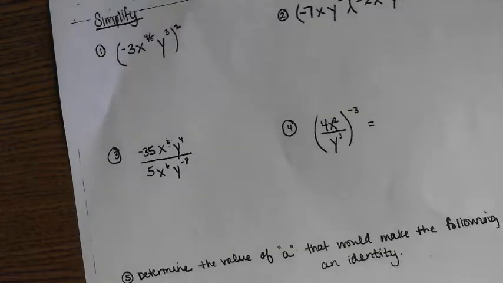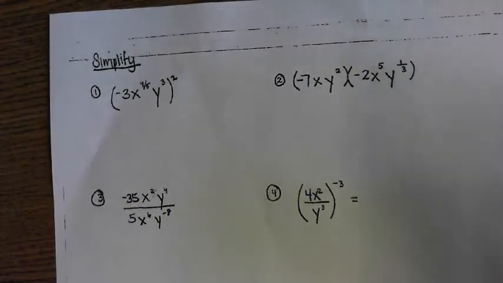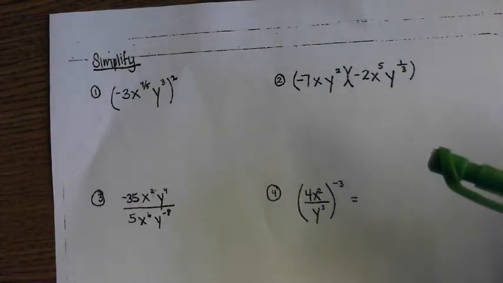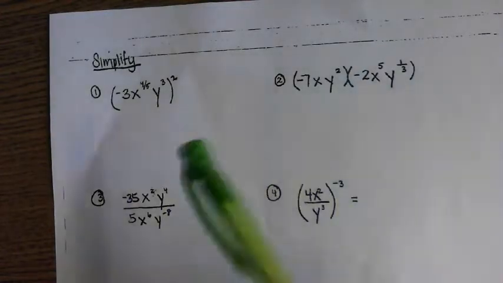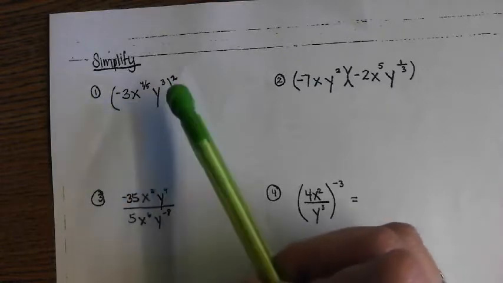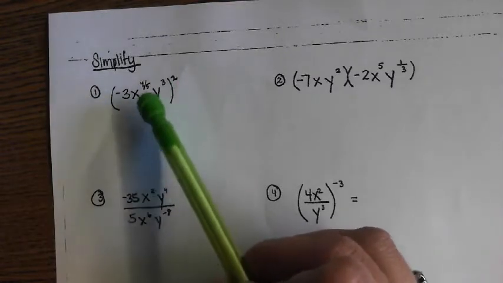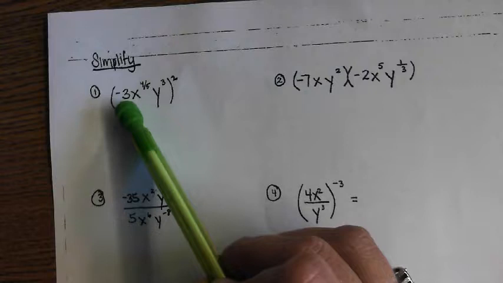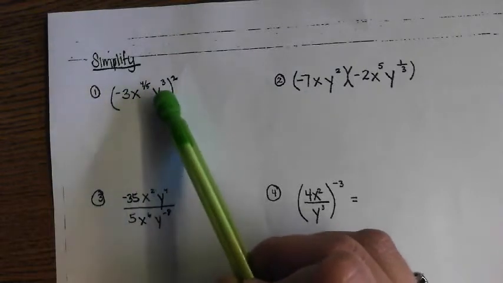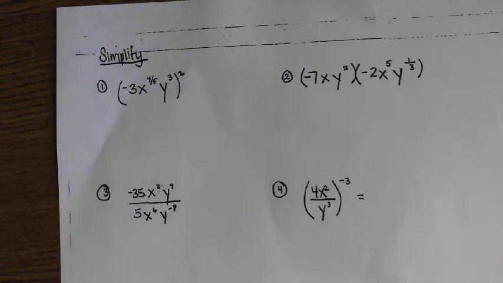This is just practice, often with multiple properties going on. So we've got obviously the parentheses here. So everything in here, each of these three pieces, the -3, the x term, and the y term, all need to be squared. What is -3 squared?